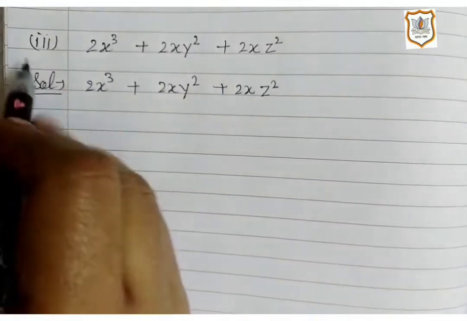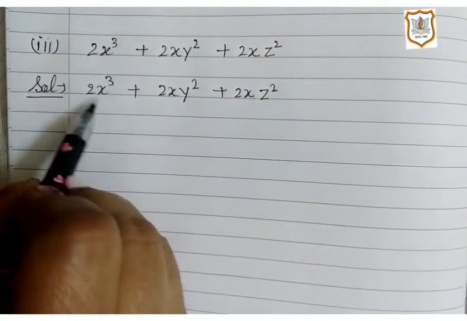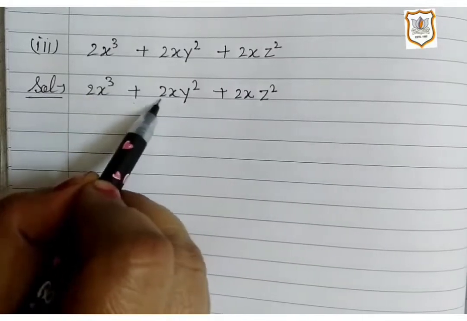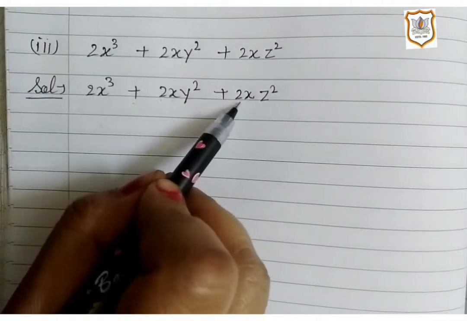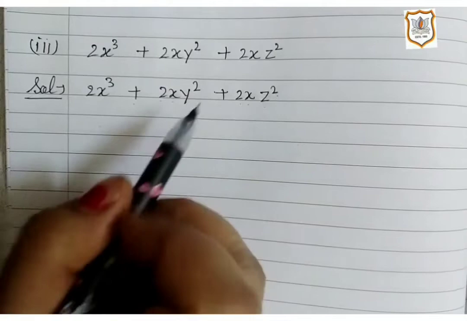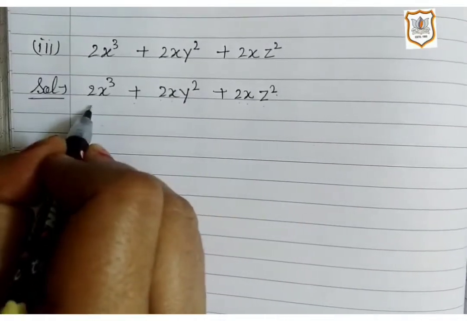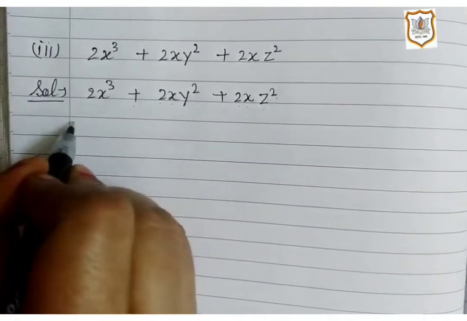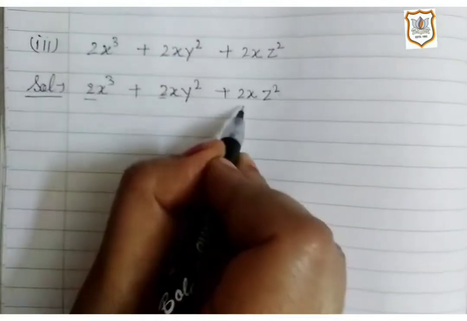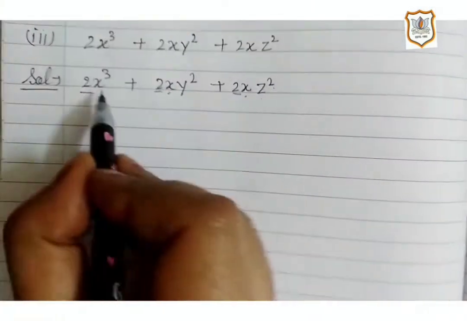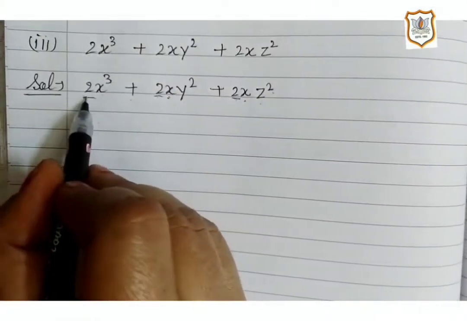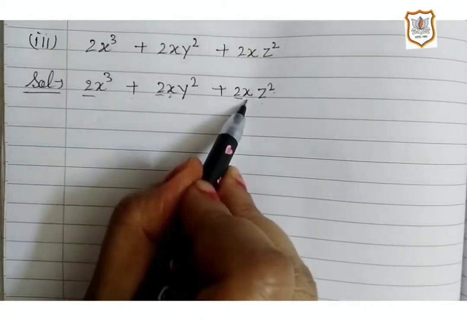Now the third part of question number 3, 2x cube plus 2xy square plus 2xz square. Here students, it is clear that 2 is the common factor in all the three terms and x is also the common factor in all the three terms.